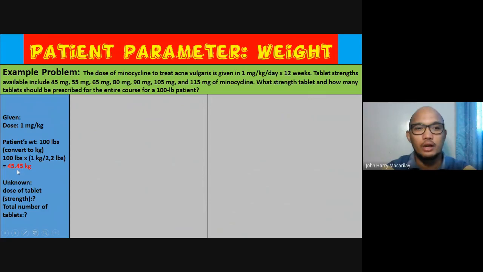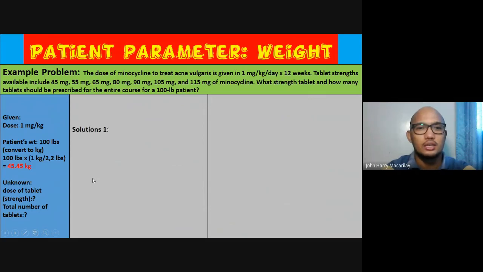The answer is 45.45 kilograms. And the unknown is the dose of the tablet or the strength and the total number of the tablets that you're going to dispense. So for the solution, again, we can make use of three possible solutions.